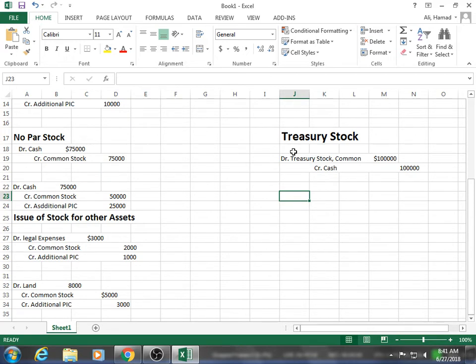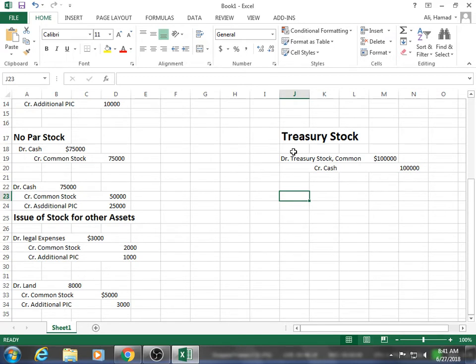The ones you took back are your treasury stock, and when you sell them, it goes in a whole different category. If you sell them back, they become outstanding common stock.